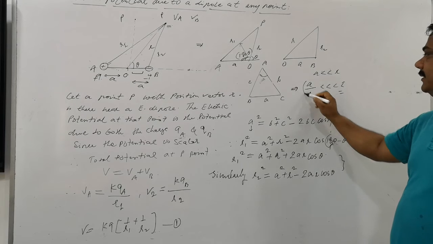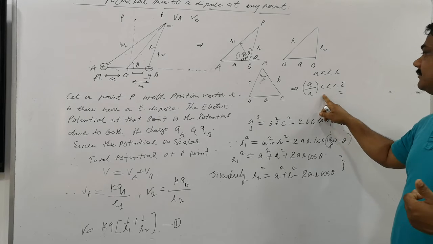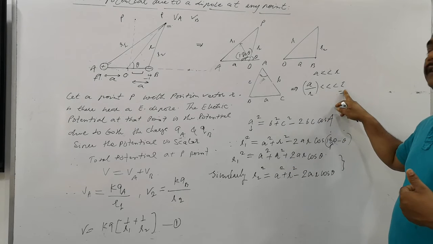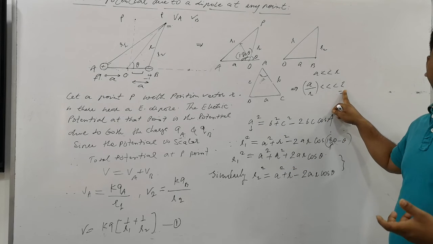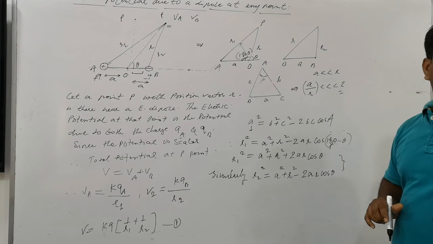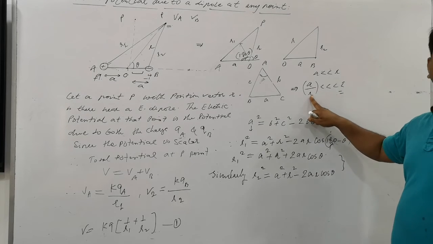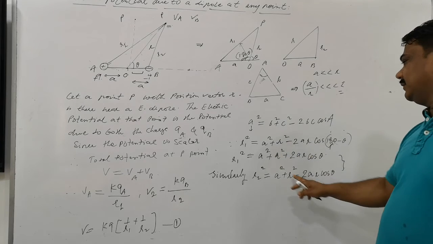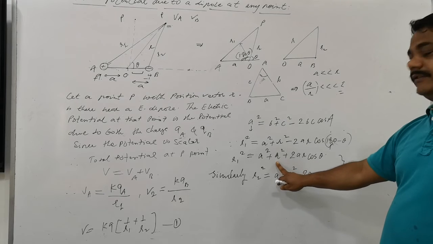So if we develop this quantity in this expression, then a by r numerically is very less, so we can just omit it in the expression, right? So how can we develop the quantity a by r here? Very simple. We can take r square common from this side.